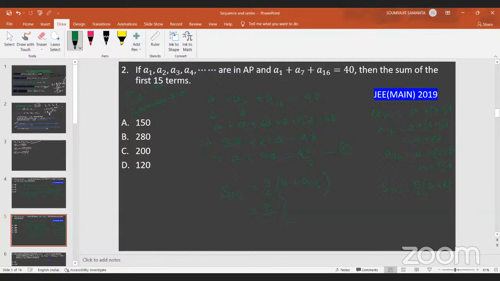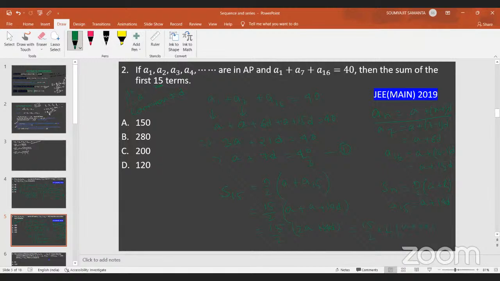And A plus A15, what is A15? We can determine A15 from the formula An. A15 is A plus 14D. So this will become 15 by 2 into 2A plus 14D. So this is nothing but 15 by 2 into 2 into A plus 7D.